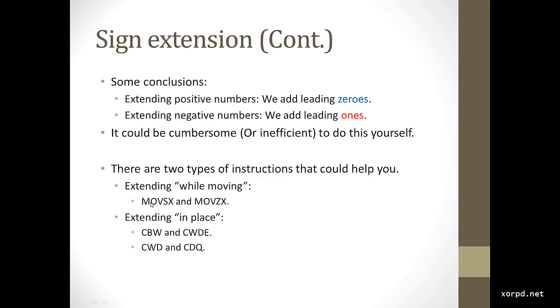You can extend while moving, which actually means that you move one value from one container to another, and while doing it, you are also extending it. There is also another way, which is mostly about extending numbers inside EAX, or inside EAX and EDX together. And don't worry, we are going to take a look at each of those instructions and see examples of using it.